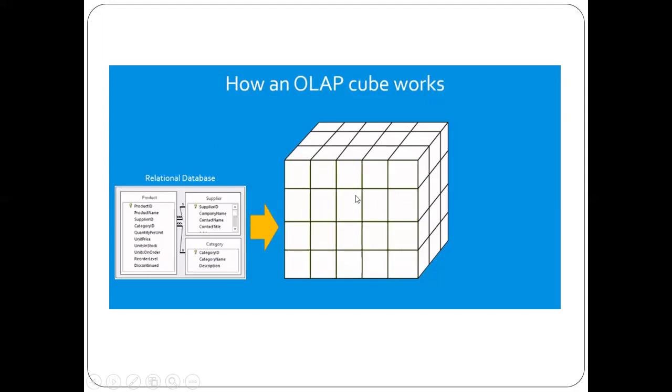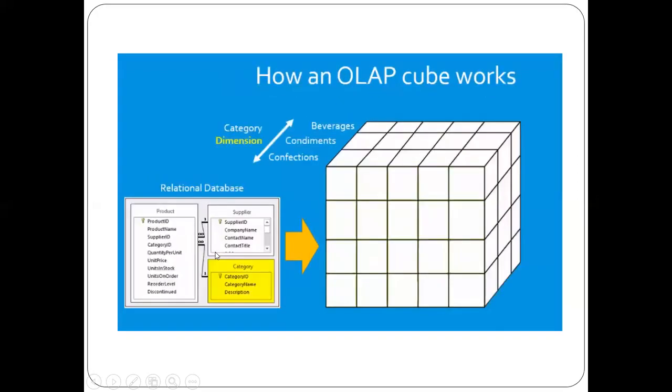We can see this cube in different views, right? Top view, side view, front view, rear view, bottom view, everything. So one cube we are seeing in different ways: product, supplier, category, and everything. Look at here. We are going to have this table model in this particular cube. See, category, we are having the 3 categories.